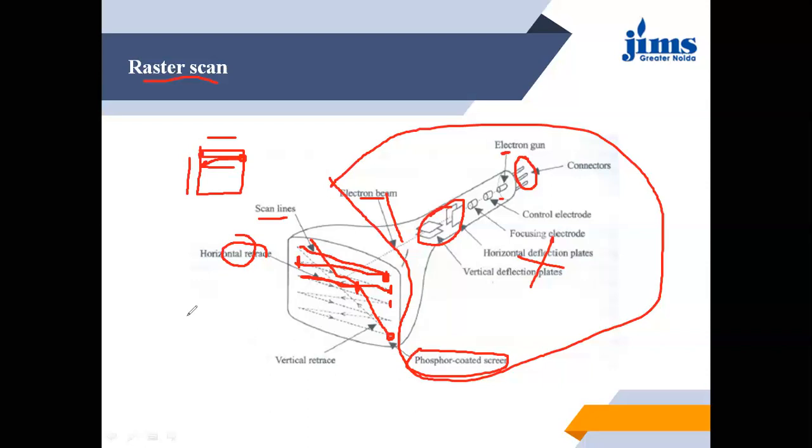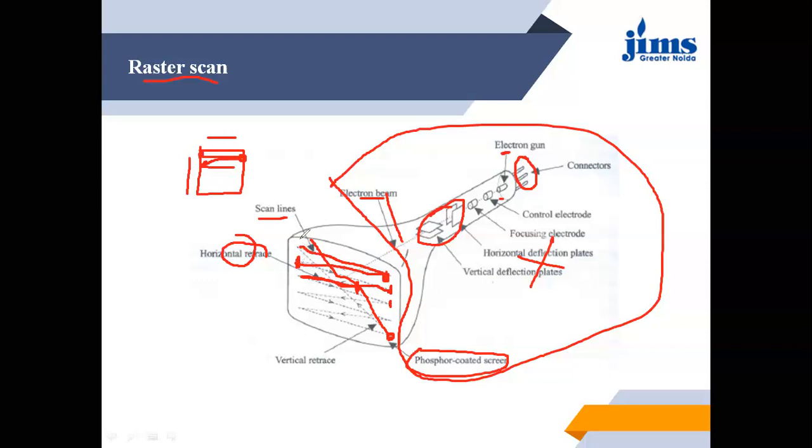So to summarize, everything has to be displayed using scan lines. A scan line is the collection of pixels in a row. After scanning a row, the electron beam has to be transferred from the end of that scan line to the left of the next scan line. That is called horizontal retrace.